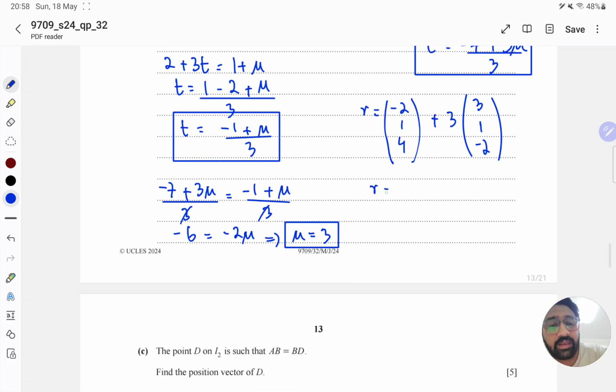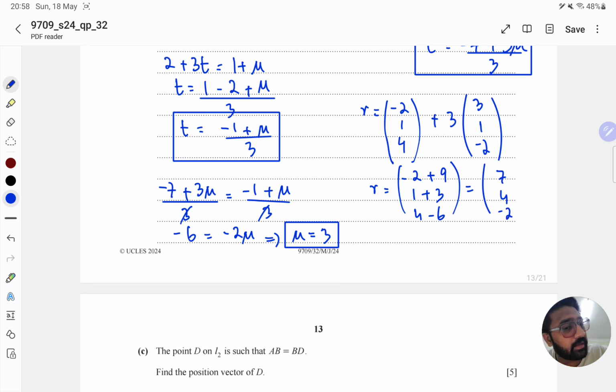If I simplify, I'll have the coordinates. It will be (-2 + 9, 1 + 3, 4 - 6). So if I simplify, it will be (7, 4, -2). So the coordinates are (7, 4, -2).